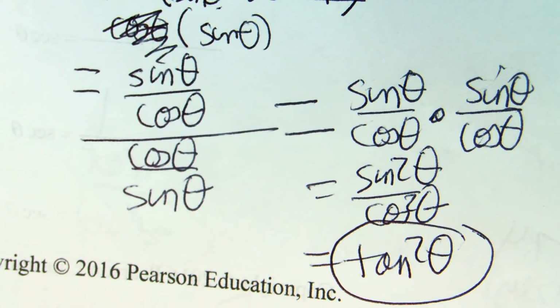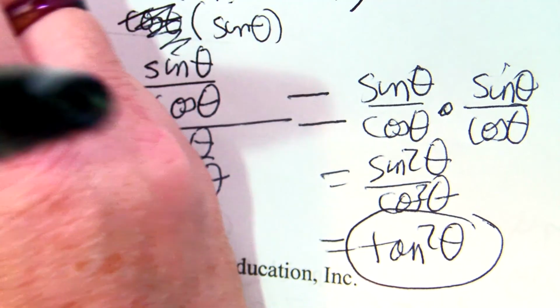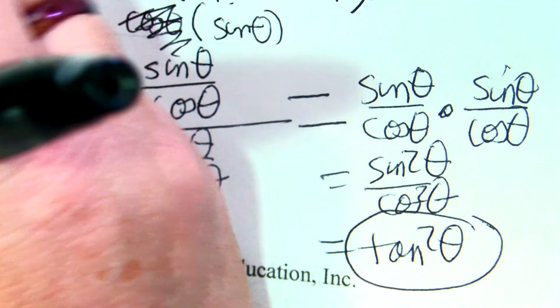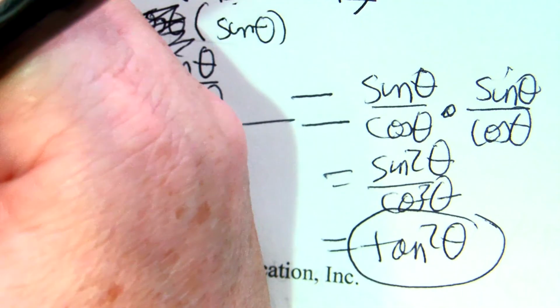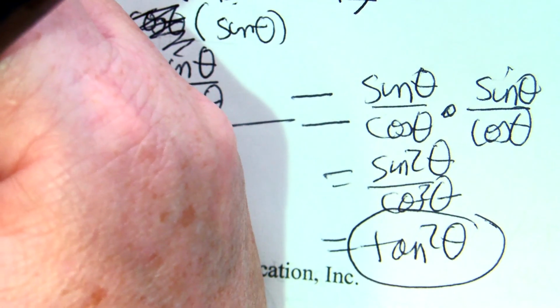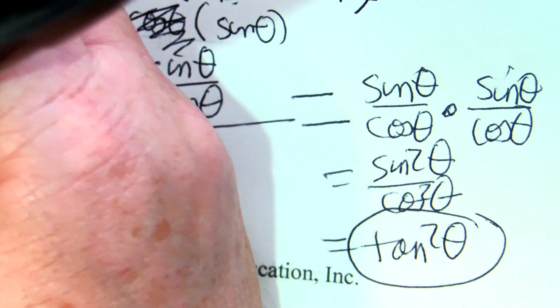So I'm going to give you more identities for homework. It's going to be number 102, page 476.